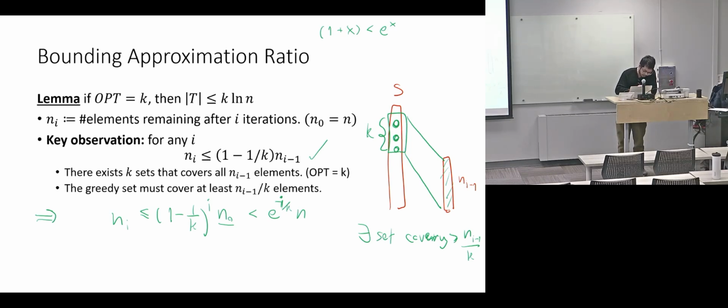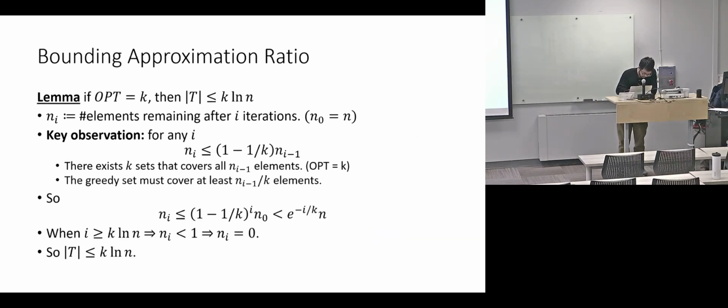So now, Ni is this big. Ni is getting smaller and smaller. So once i is at least k ln n, maybe I just use the slides. You know that Ni is this big. Look at the iteration after k ln n iterations.